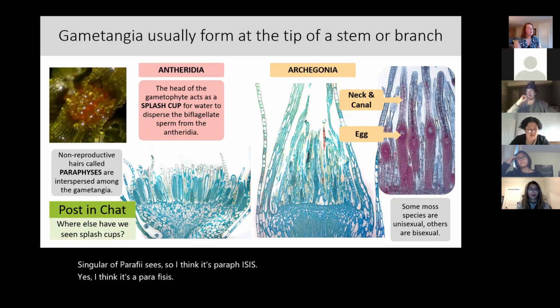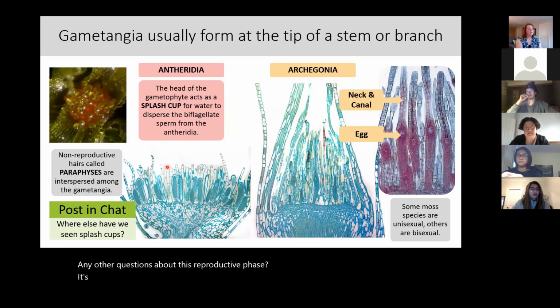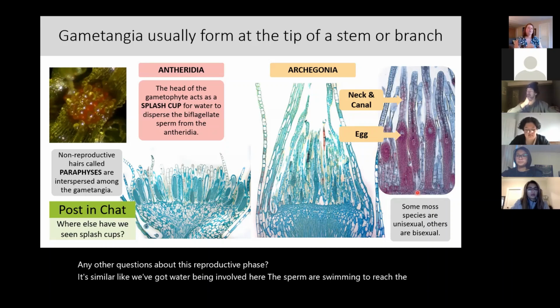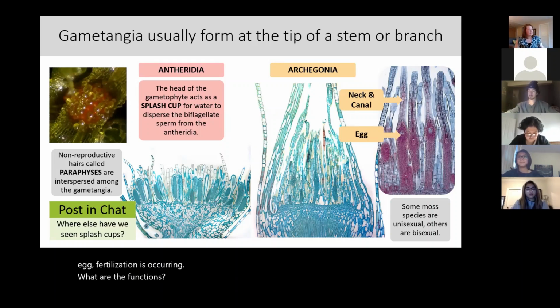Okay. Any other questions about this reproductive phase? It's similar, like we've got water being involved here, the sperm are swimming to reach the egg, fertilization is occurring. What are the functions of paraphyses?